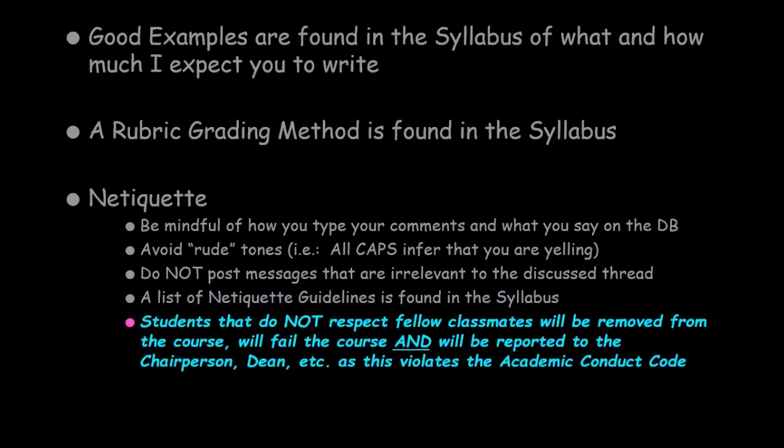Now this, I just have to state: students that do not respect fellow classmates will be removed from the course, will fail the course, and will be reported to the chairperson, dean, etc., as this violates the academic conduct code. I never had to deal with this because everybody just showed good respect in the past. But just be mindful of that, okay?